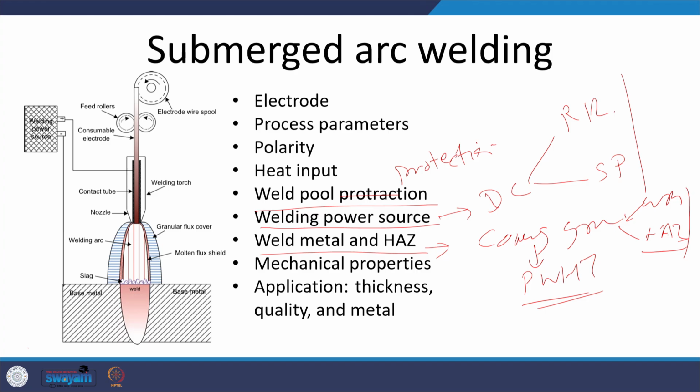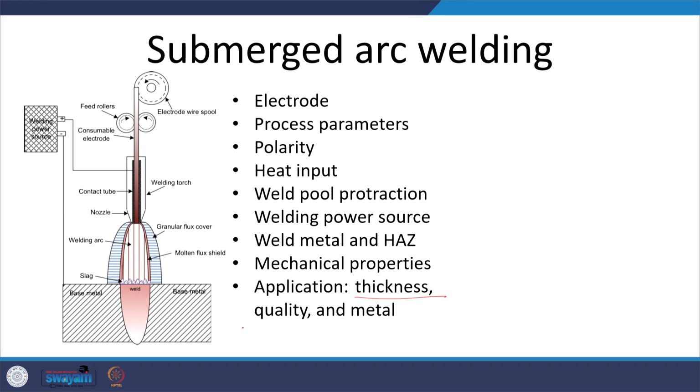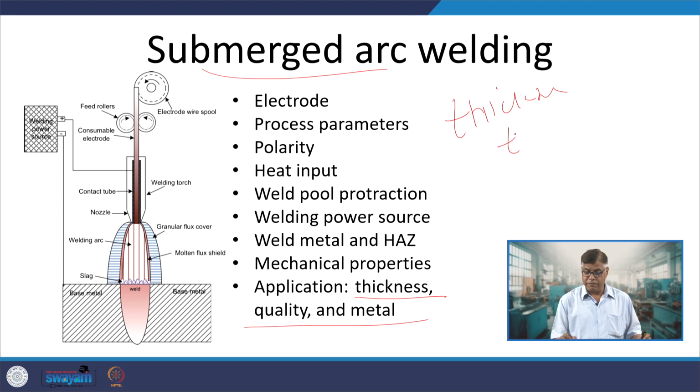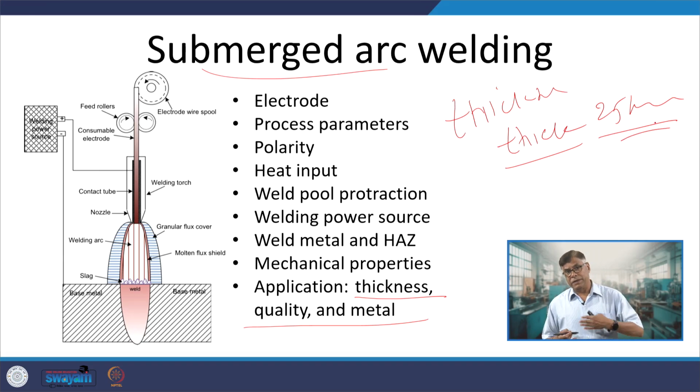Okay. So, now application and thickness and the quality aspects. As far as the thickness is concerned, SAW, submerged arc welding, is preferred for welding thick plates. Okay. So, up to 25 mm thick plates can be welded without any edge preparation; square edges can be welded directly, and through thickness penetration can be realized in one pass.